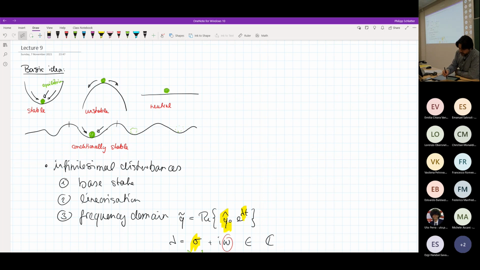And of course, the main thing that we're talking about is stability. I'd just like to remind you again what the basic idea really is.